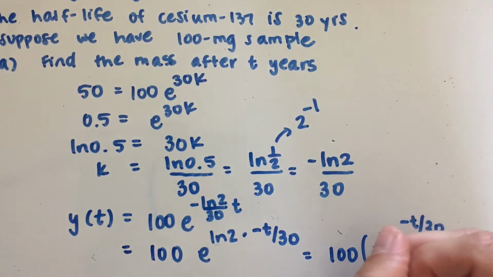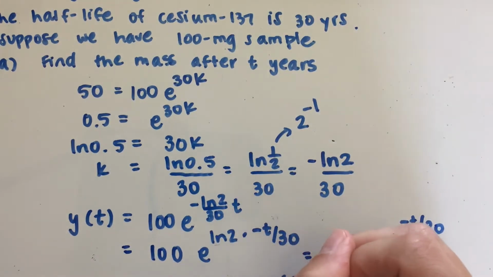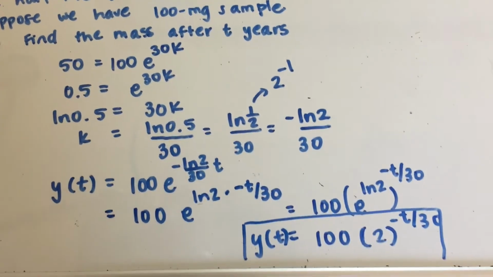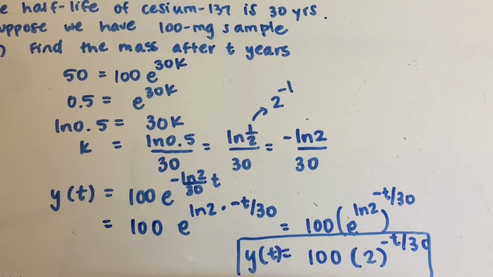The e and the ln will cancel, so we get 100 times 2 to the negative t over 30 as our y of t. So once again, that's y of t equals 100 times 2 to the negative t over 30.